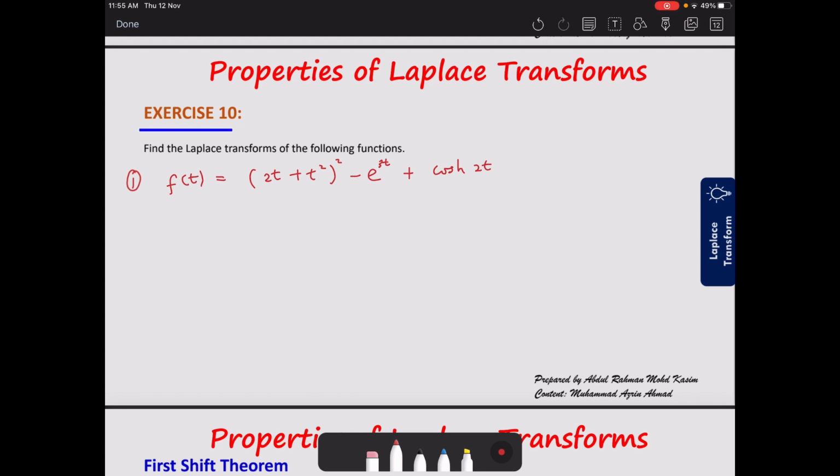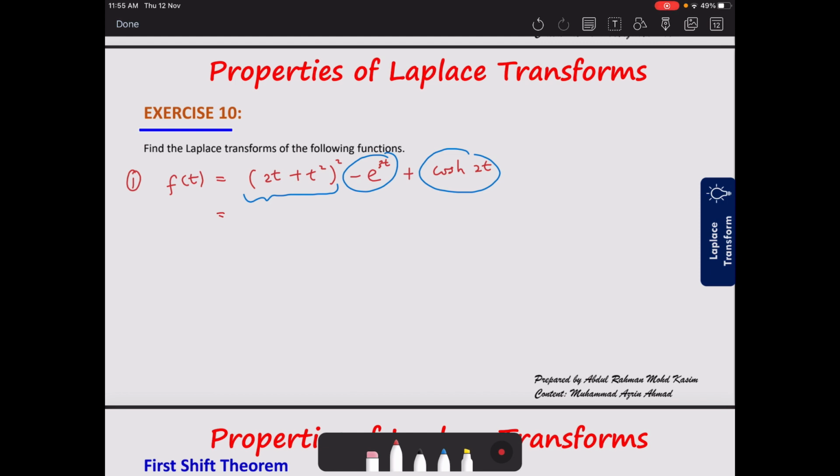Look at here. You can directly get the answer for this one and also for this one, but not for this one, because this expression needs to be expanded first.